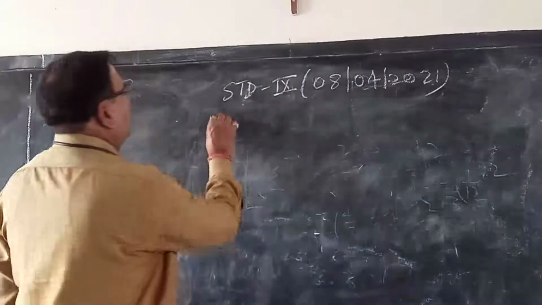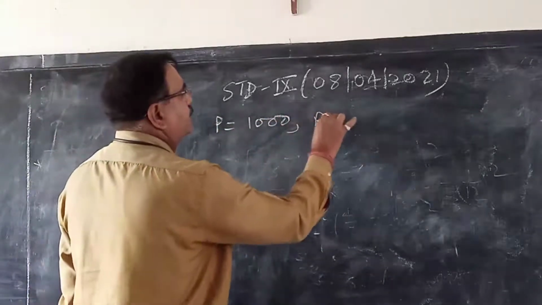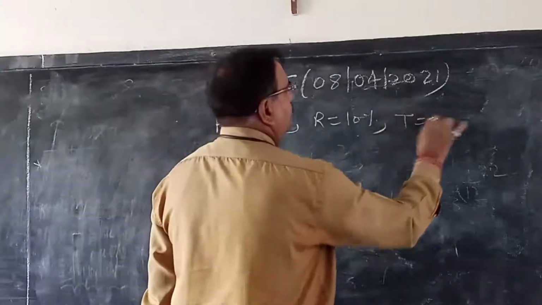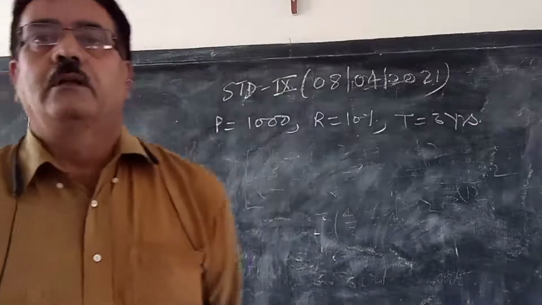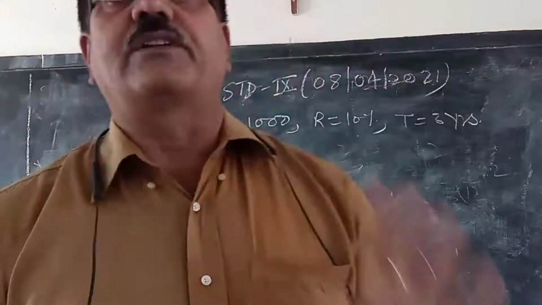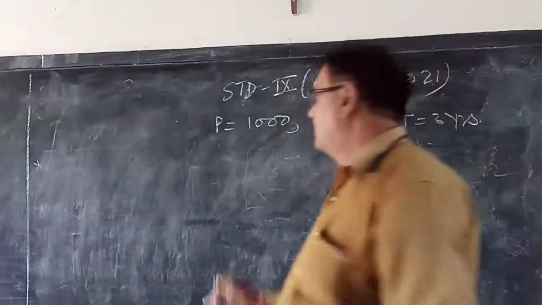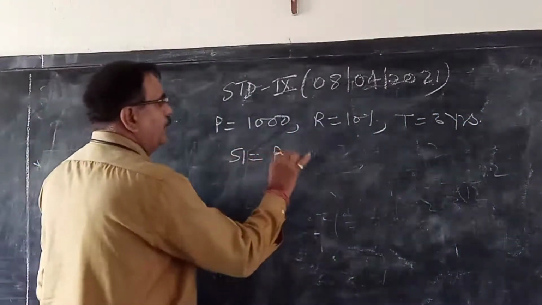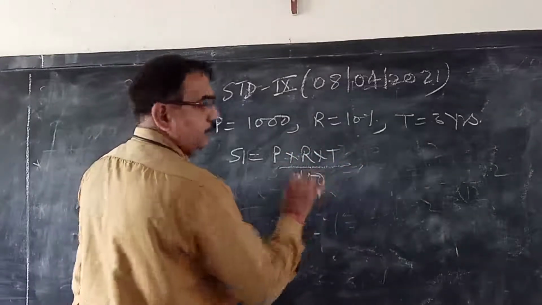Suppose we have principal 1000 rupees, rate 10% and time 3 years. When we calculate the simple interest, we calculate for 3 years together, using the formula simple interest is equal to P into R into T by 100.